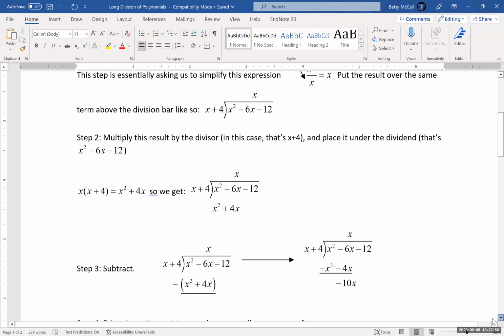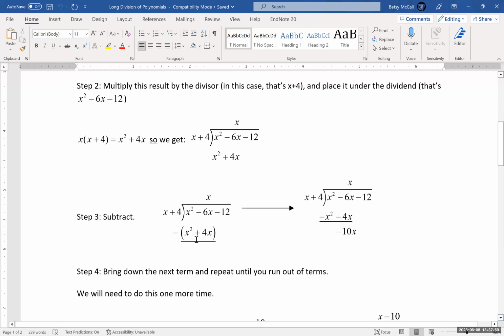Now, I find it useful, rather than trying to juggle this with a minus sign, to distribute the minus sign through my entire expression, and then add. Because when I'm trying to deal with a 6x minus a 4x, or if it's a minus, then it's really confusing. I'm terrible with minus signs. So I try to reduce the number of things I have to juggle in my head by distributing and then adding.